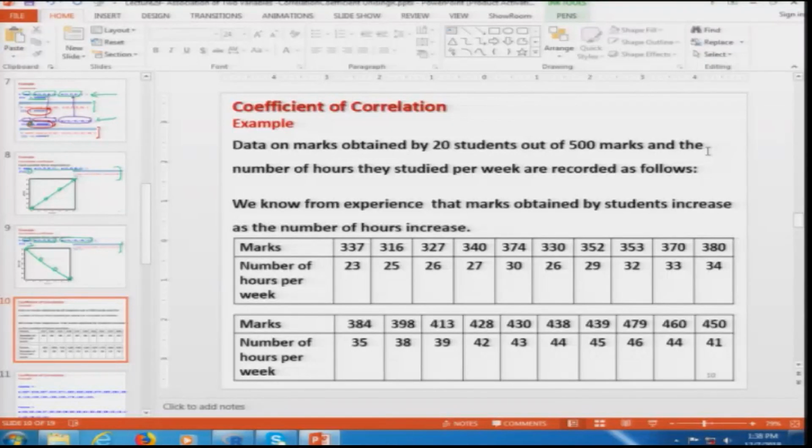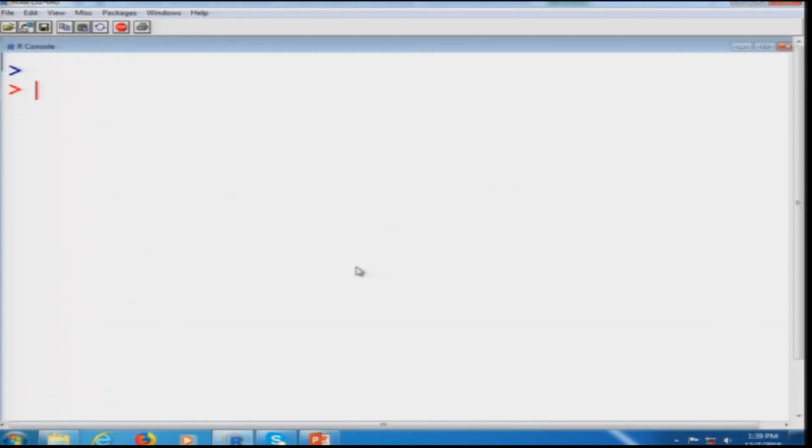Now, before taking an example, let me try to show you these things over the R console also. So, you try to see here, I try to find out the covariance between 1 2 3 4 and -1 -2 -3 and -4.